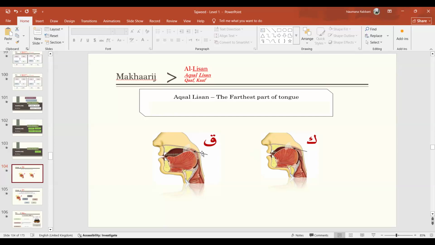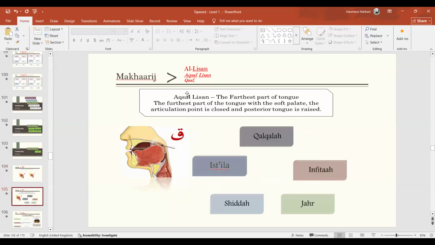So it's right at the back, qaf. We pronounce the letter from the farthest part of the tongue, at the soft palate. Its articulation point, you can see, is closed, and obviously the posterior tongue is raised.